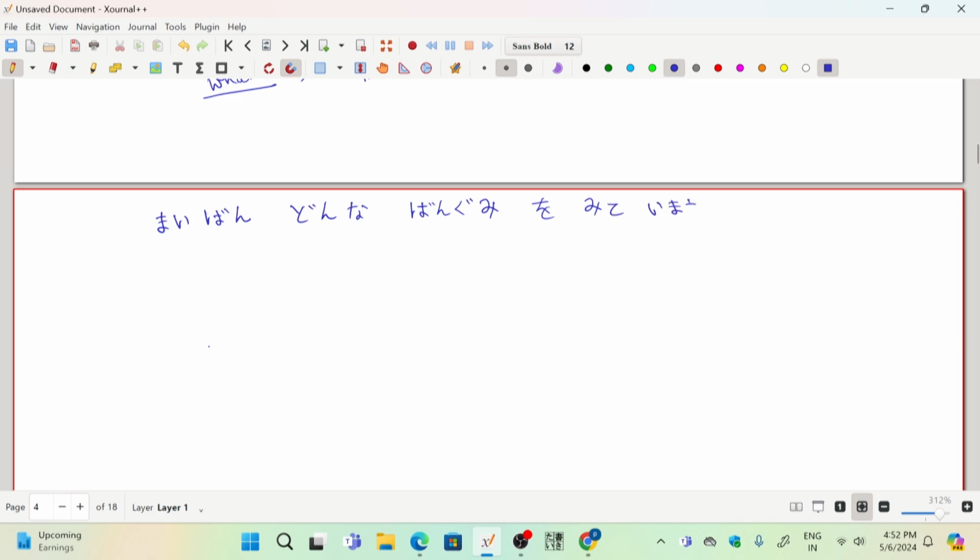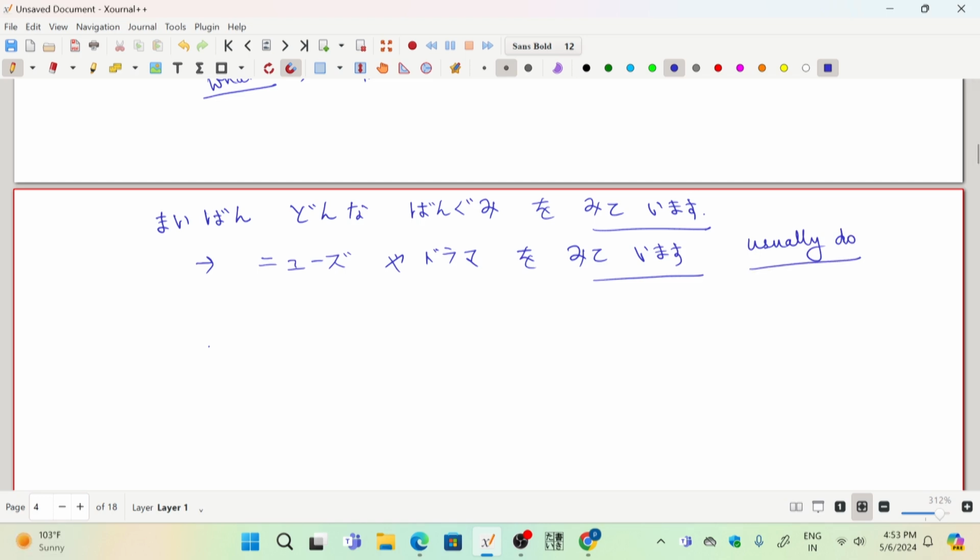So what is the usual thing you watch in the night? So you can say news ya dorama o mimasu. News ya dorama o mite imasu. So this mite imasu, te imasu is showing what you usually do, or what is the state.